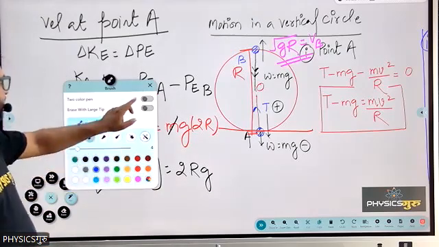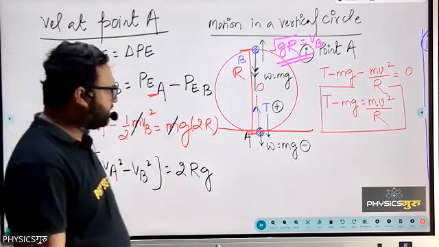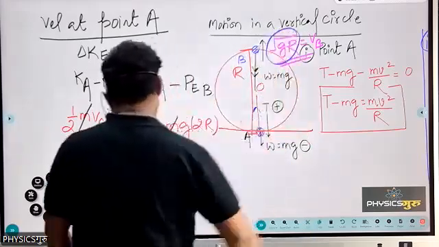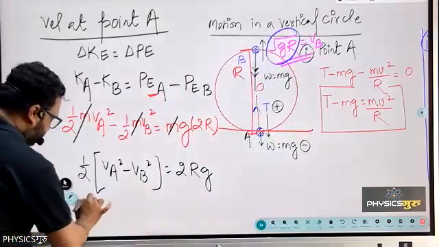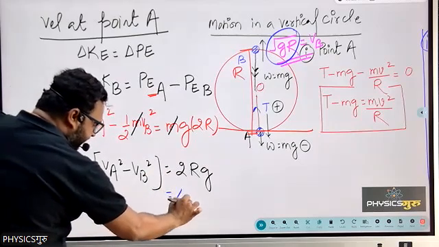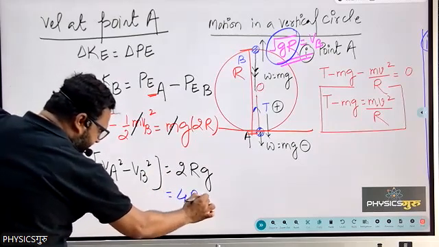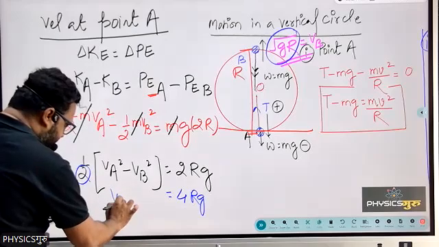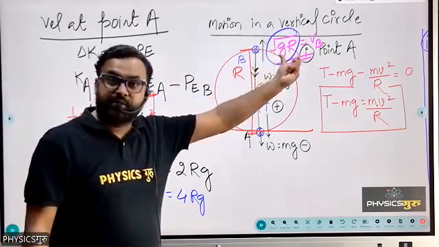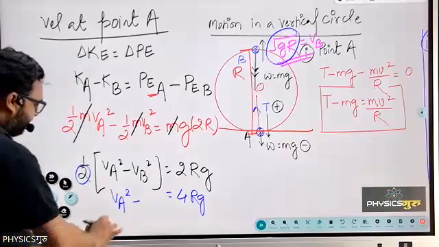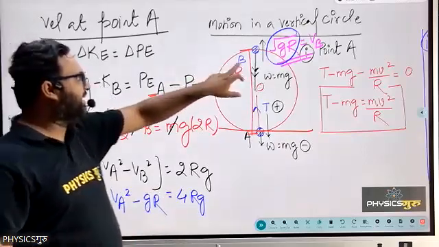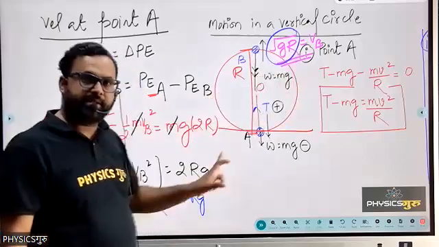Now substitute the values. Velocity at position B is root gr. If I multiply this 2 with 2, that is 4 times rg. And we have vA square minus vB square, where vB is root gr, so vB square will be gr.